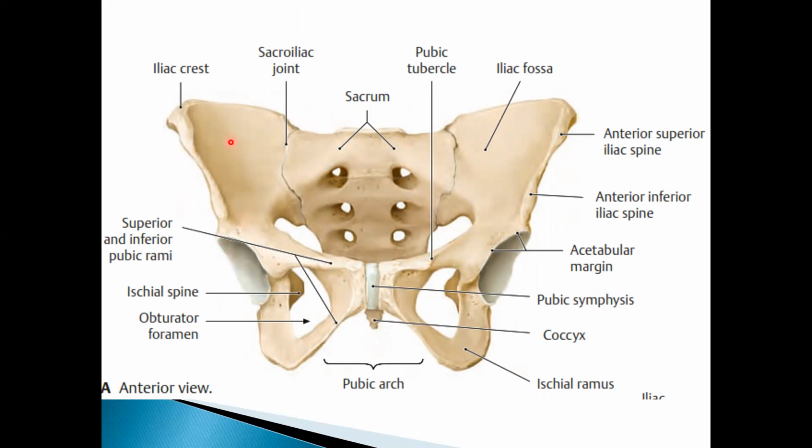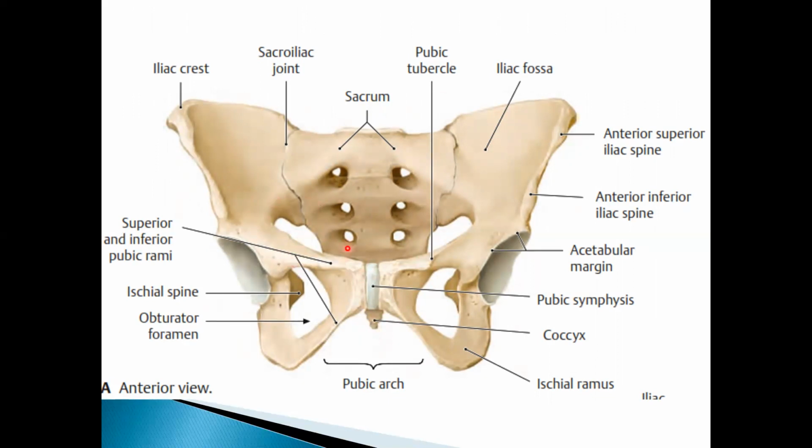It is formed by the hip bones on both sides, the sacrum posteriorly, and the coccyx in the lower part of the posterior side. So these three bones, the hip bone, sacrum, and coccyx, form the bony pelvis, the skeleton of the pelvis. Now this pelvis is divided into two parts.